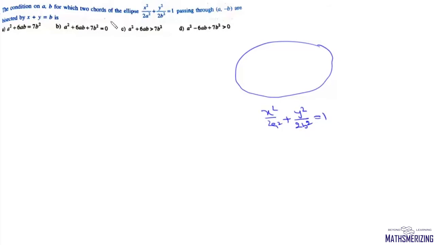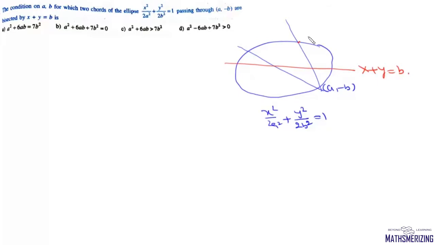Then we draw two chords from this point (a, minus b). Now these chords are bisected by this line, which is x plus y equals b. So we need to find the condition on a, b.